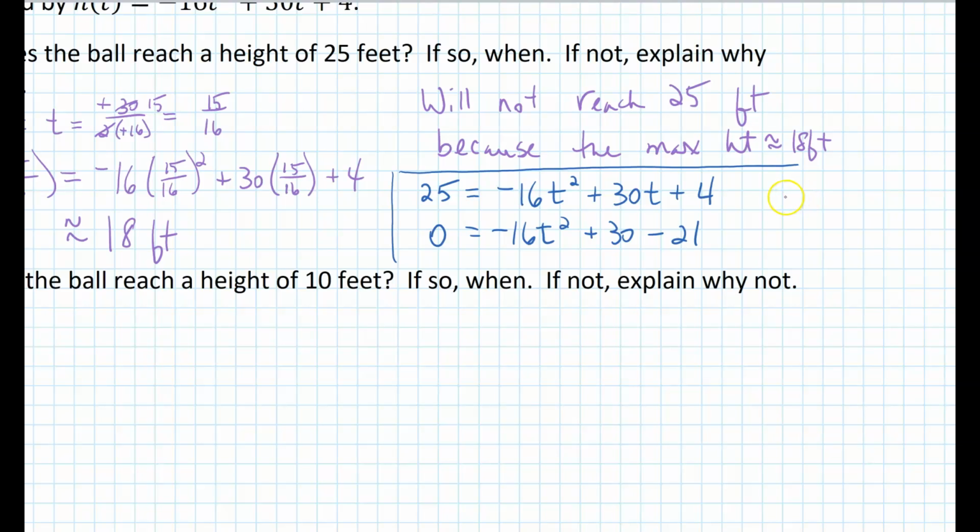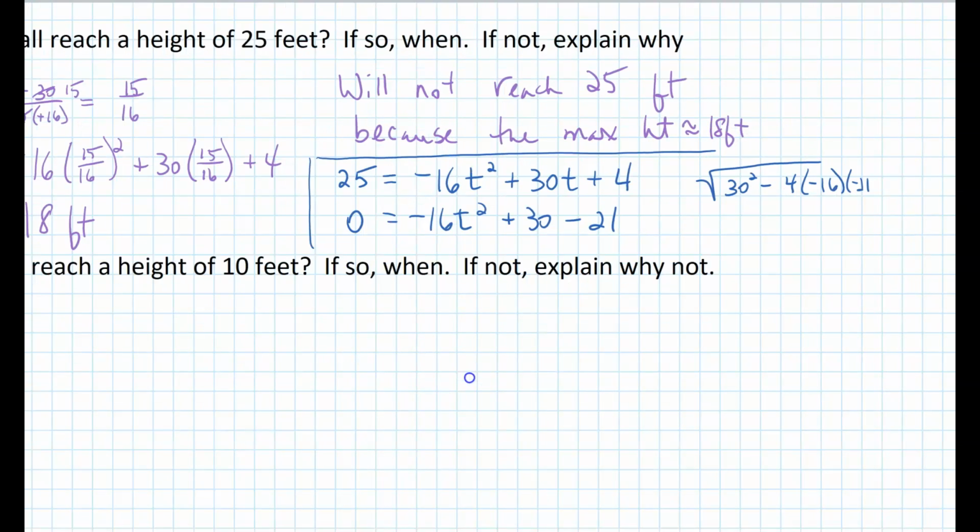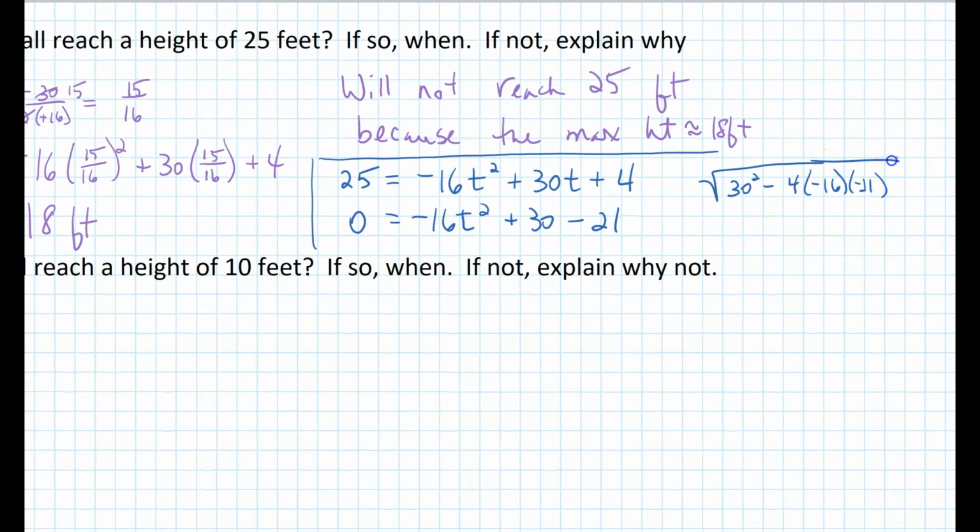We would get b squared, so 30 squared, minus 4 times a, which is negative 16, times negative 21. Did anybody plug that in already? It's a calculator problem. You don't have to do it in your head.